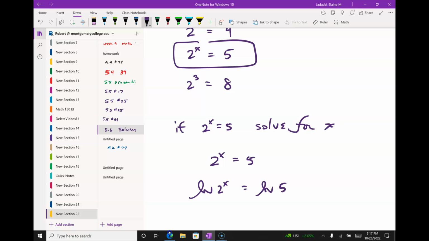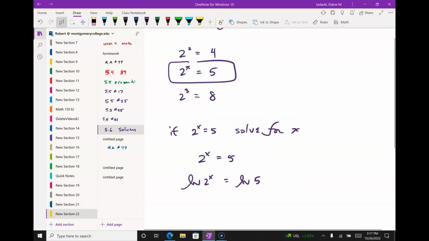Why am I allowed to do that? What kind of function is 2 to the x? Exponential function, yes. What else?